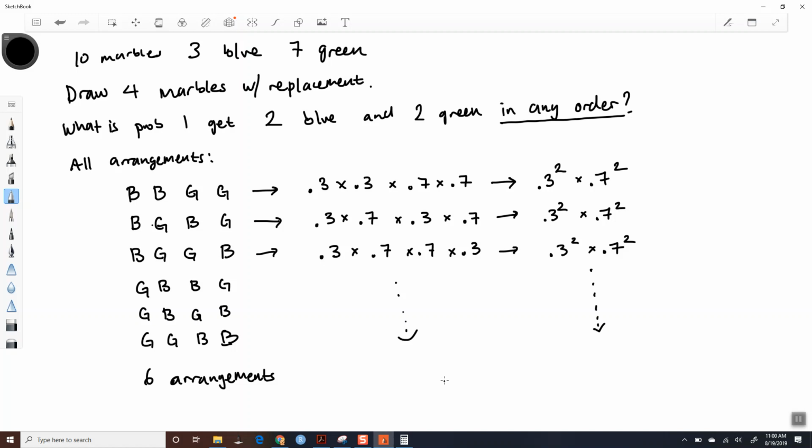And so the total probability, because all of these are independent, I can just add all 6 of these together. So the total probability is 6 times 0.3 squared times 0.7 squared, which I don't know what that is.